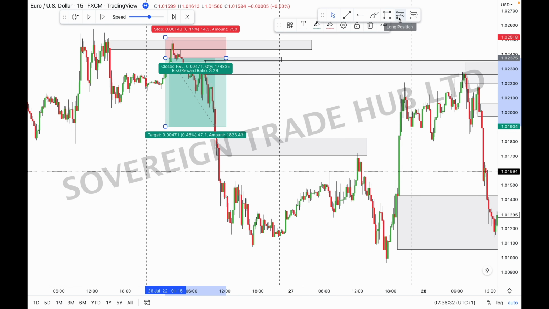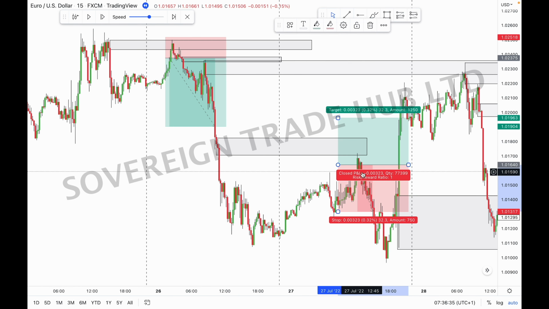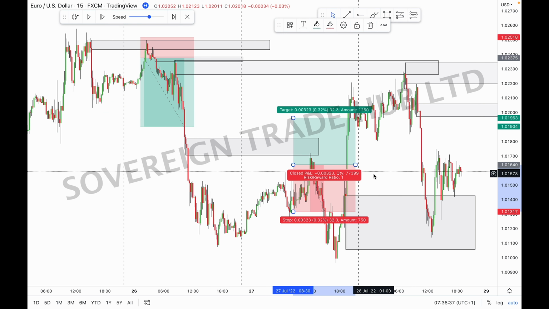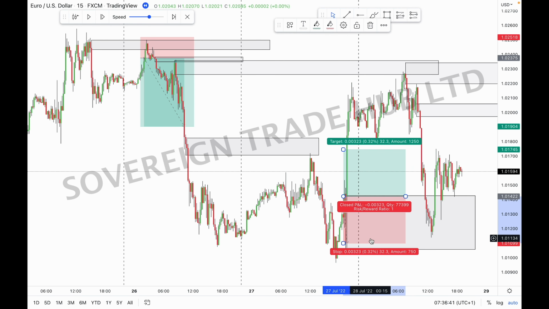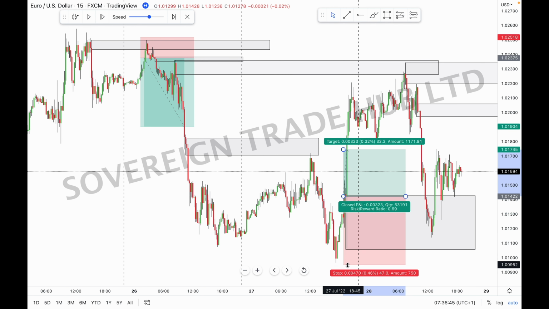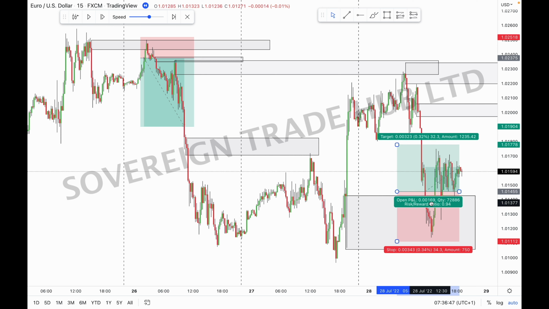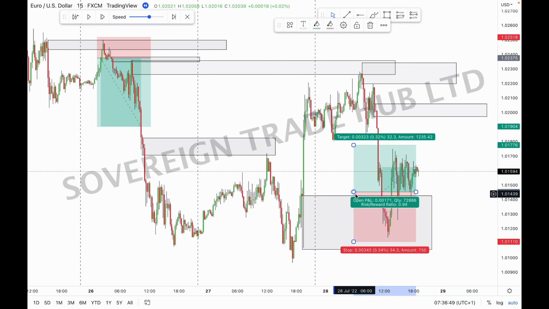Now, if you were to be buying, for example, let me say, if you were to be buying this level here, the stop loss is quite massive. We don't use that; it's too massive. This is just for the sake of example. When we go to refinement, we'll discuss all this in depth, how to use smaller stop losses.